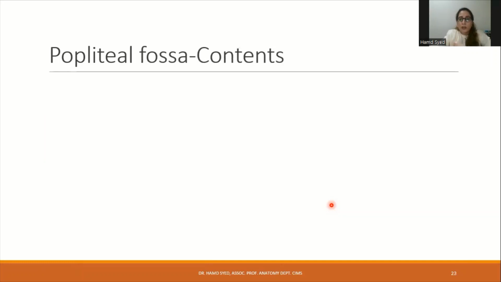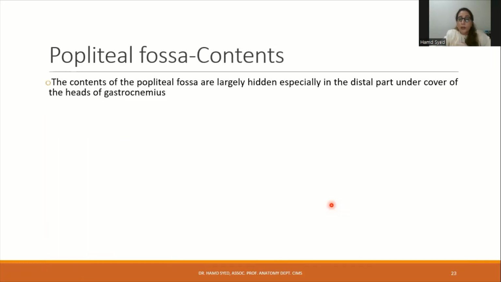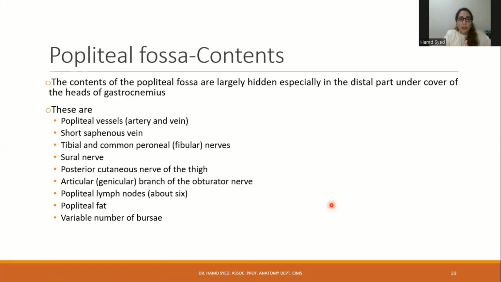Now, what is present within the popliteal fossa? Well, the contents are largely hidden by the distal part of the two heads of the gastrocnemius muscle. So if we separate the two heads of gastrocnemius muscle, then these hidden contents will be visible to us, and we can enumerate these contents.